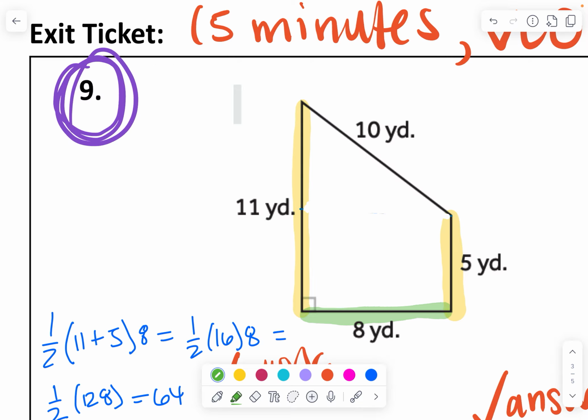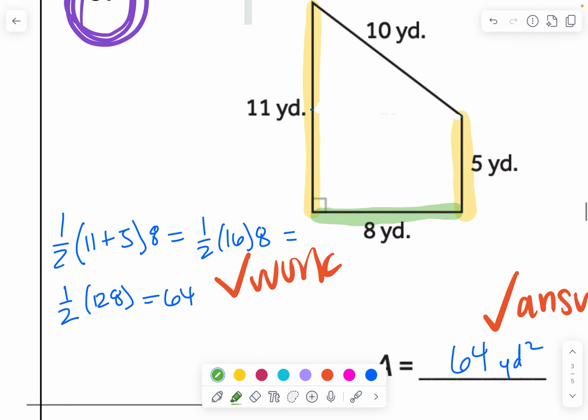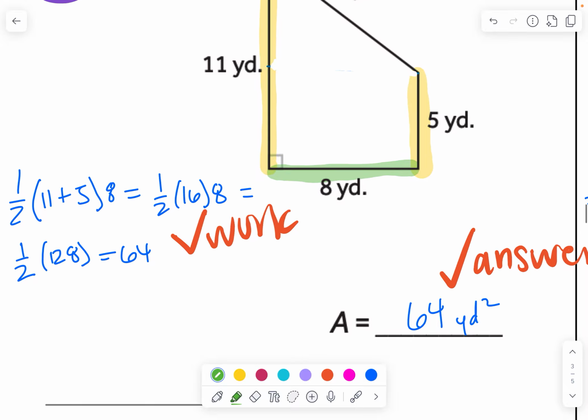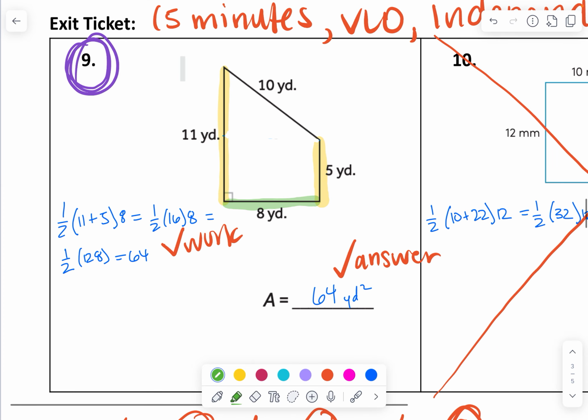So students are just doing 11 plus 5, which is 16, times 8, which is 128, then divided by 2, which is 64. Okay, so students are going to get a point for showing their work, and then the other point that they're going to get is for having the correct answer, including their units.